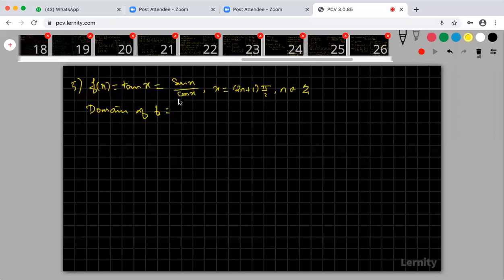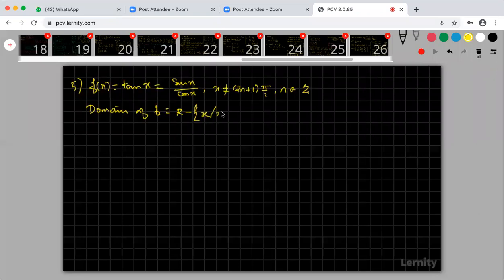So therefore, the domain of f, that means the domain of the tan function, is the set of all real numbers excluding these x values. This is x not equal to (2n plus 1) pi by 2. Exclude these x values.